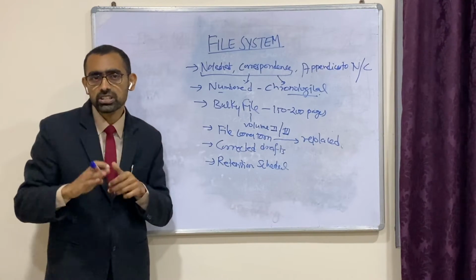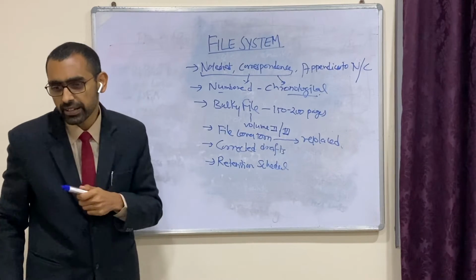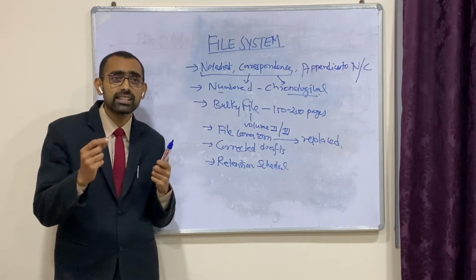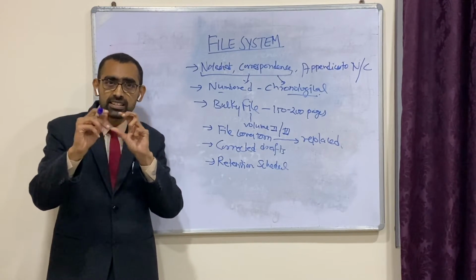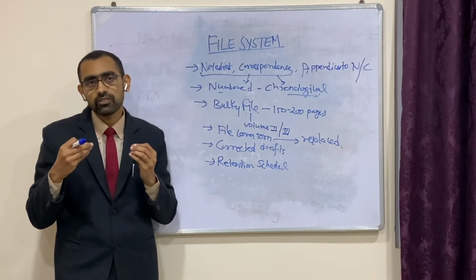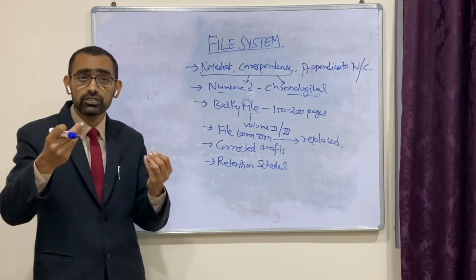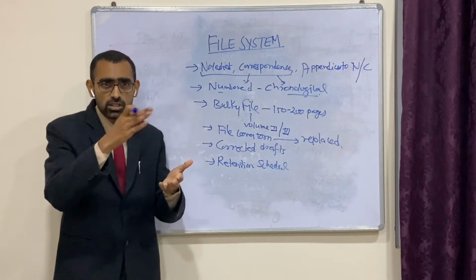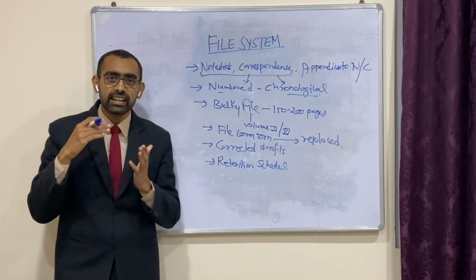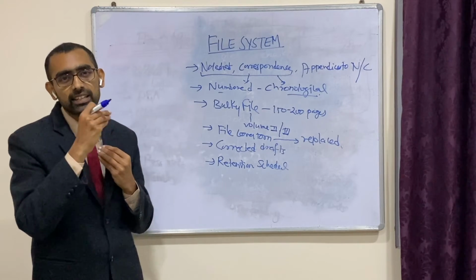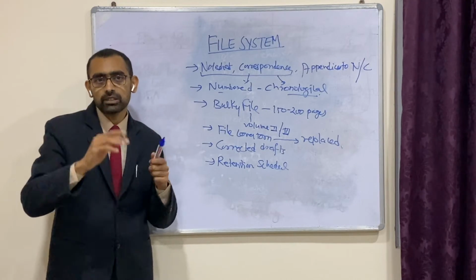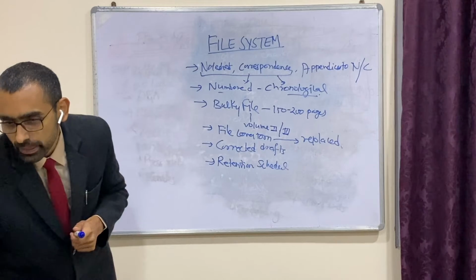One important point to mention: if a correspondence is a bulky one with 50 pages, you have to number all of them, 1 to 50, because in the notes section the officer may like to refer to page number 23 of the correspondence, right? He will just go to that page, see the page number, and mention it in the noting. So all the pages in the correspondence should be properly numbered on the top right side, preferably with red ink.